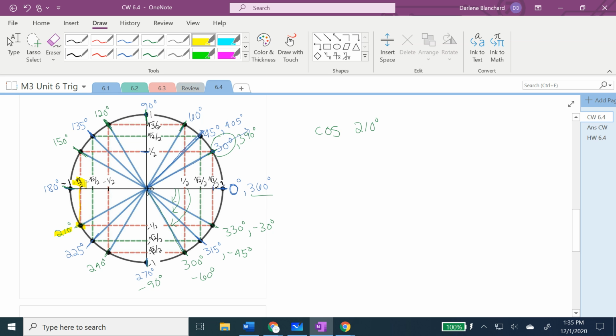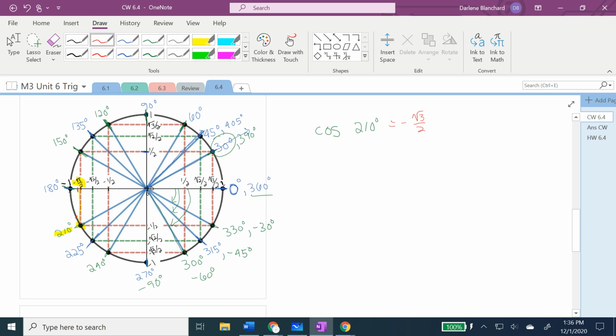The x-coordinate of that point is negative root 3 over 2. Now, what that also means is if you are at, say, 205 degrees, the cosine is between negative root 3 over 2 and negative 1.